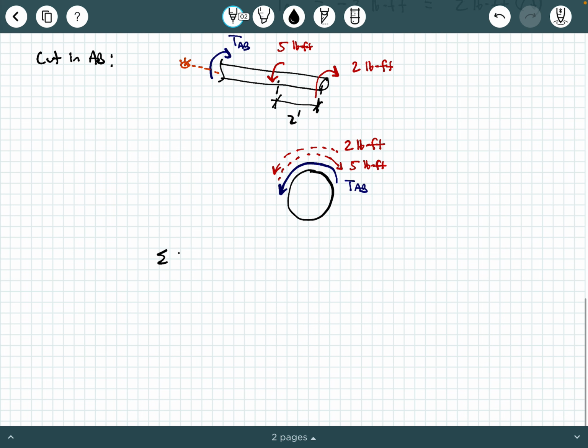So we're going to write sum of the torques equals 0, counterclockwise is positive, and we're going to have TAB, and then we're going to have minus 5 pound-feet, and then we're going to have plus 2 pound-feet equals 0. And we'll get TAB equals, move that to the other side, 5 minus 2 is 3 pound-feet, and it is, in fact, oriented counterclockwise.